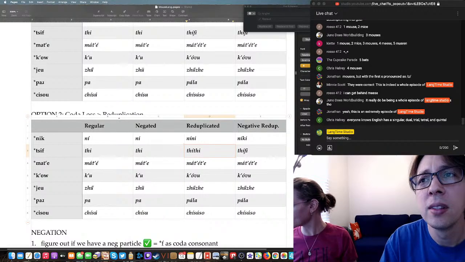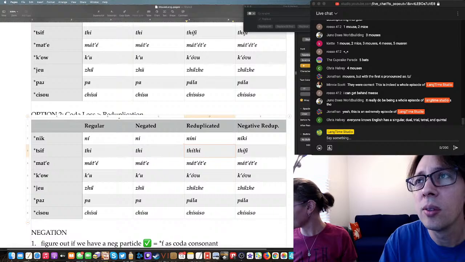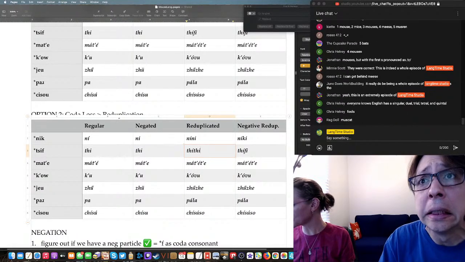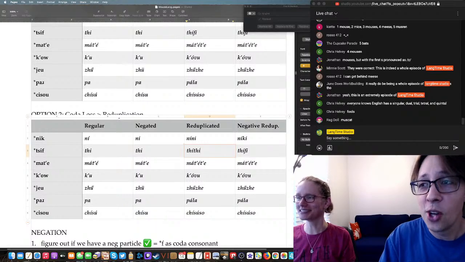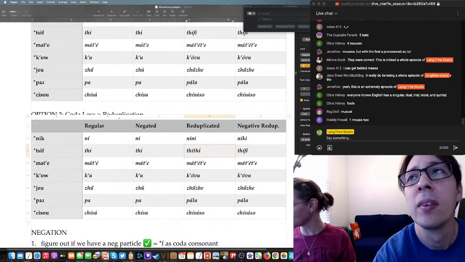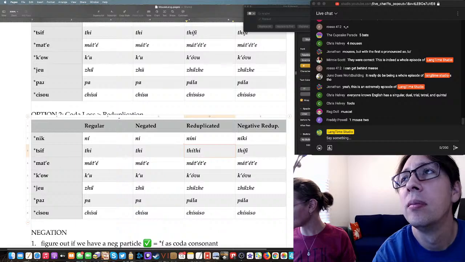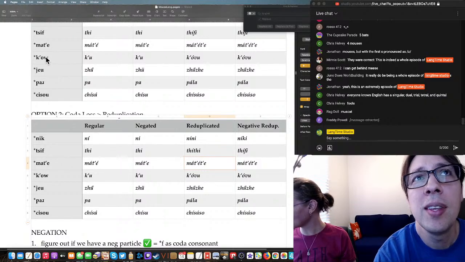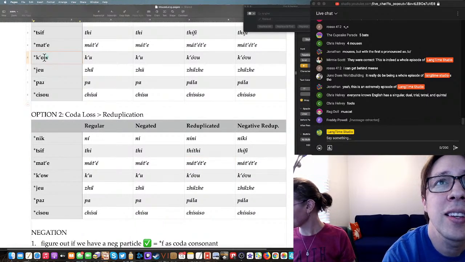Minnie, you're absolutely right. And Scott, that was why I pulled it out, because it seemed weird. I just took a screenshot. It feels weird to me that the KOW situation is treated differently than the JEU situations. This is a consonant.